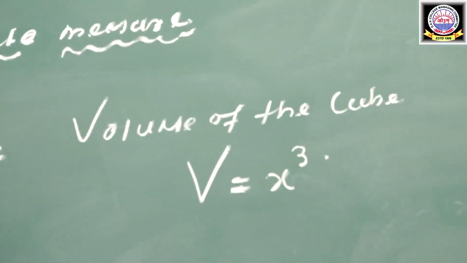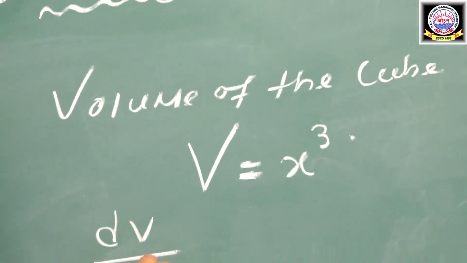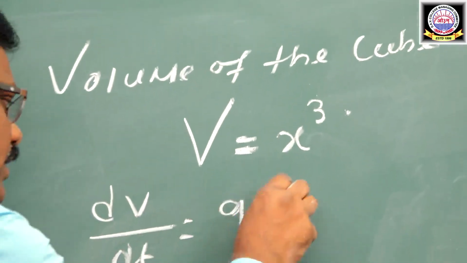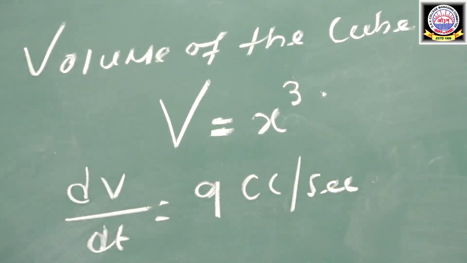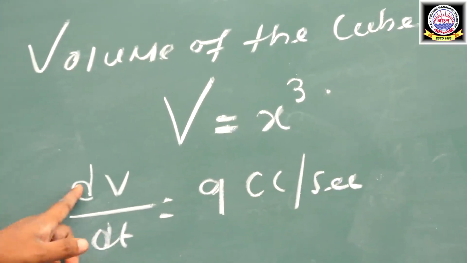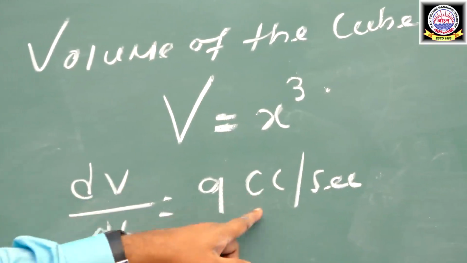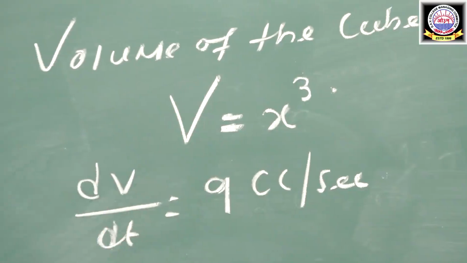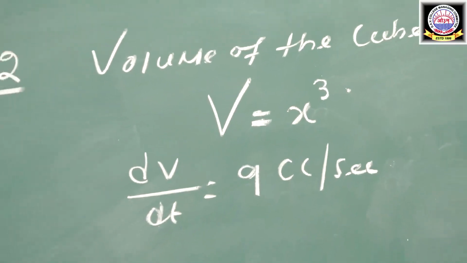What is given? The volume of the cube increases at the rate 9 cubic centimeter per second. And what is asked? At what rate its surface area increases?